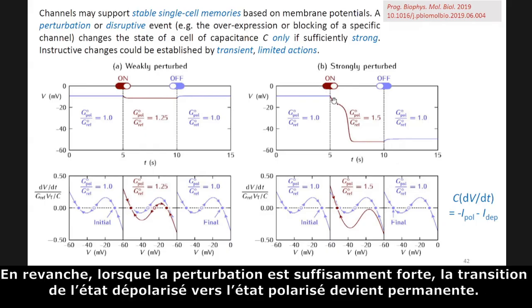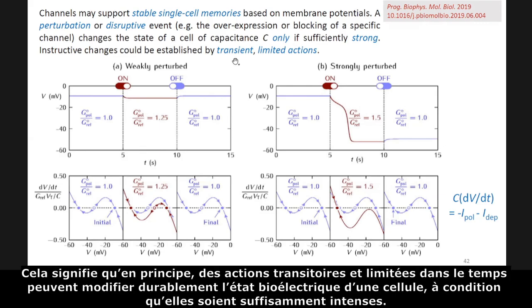However, when the perturbation in the channel conductance is strong enough, the change from the depolarized to the polarized cell state is permanent. That means that in principle, transient, limited-in-time actions can change the bioelectric cell state if these actions are strong enough.